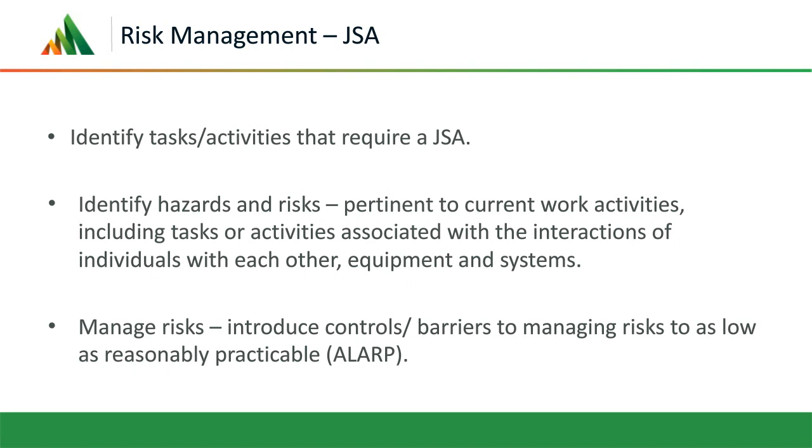We need to look at lessons learned from our industry, from our regulators, from the media, and see what's going on out there to make sure that we have thought of and identified every possible risk that there is.